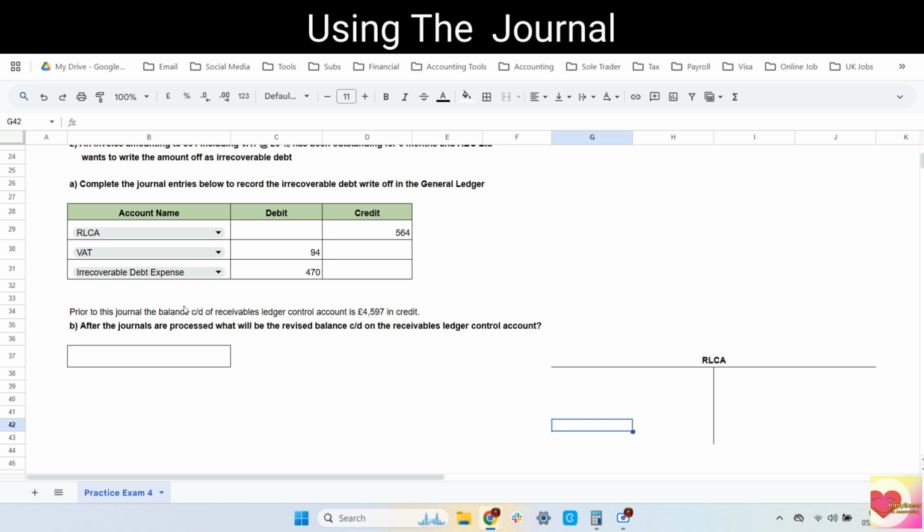Then let's put the balance carried down, 4,597 in credit. Then let's enter the totals below the balance carried down. We don't have any details, so we will just leave it blank. Then at the opposite of the balance carried down is where we will enter the balance brought down just below the totals.